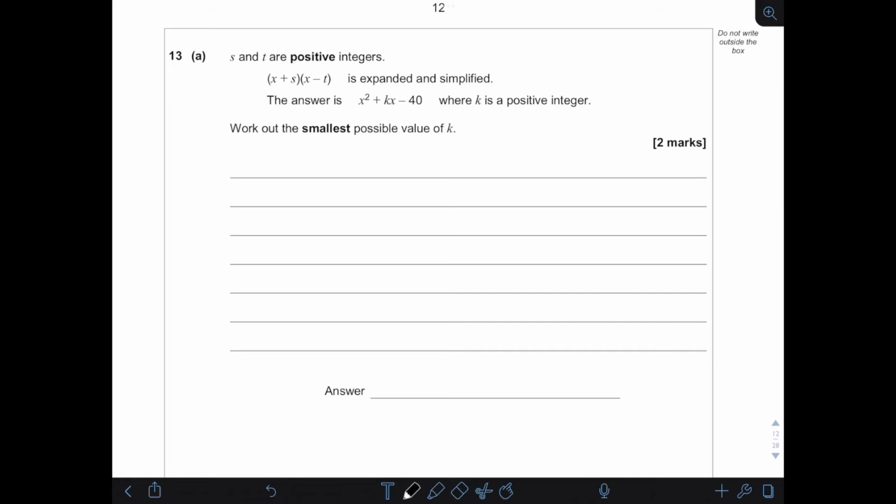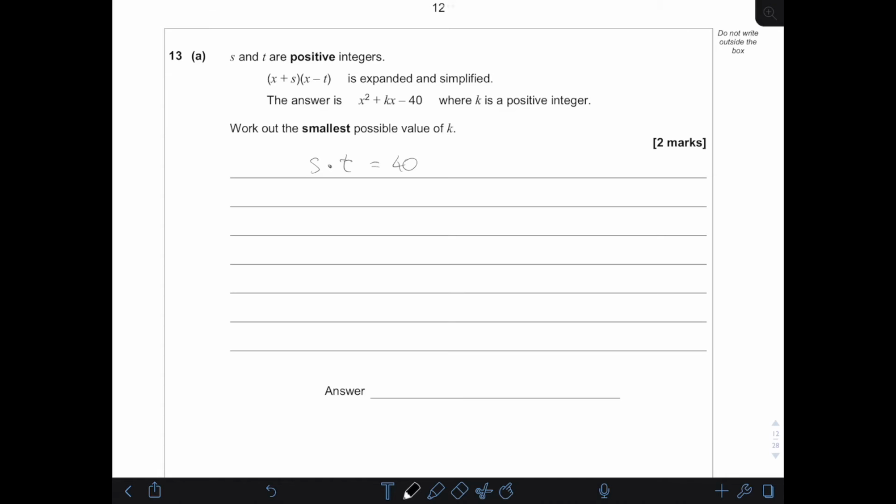s and t are positive integers, and you can expand the bracket to get x squared plus kx minus 40. So you want to find the smallest possible value of k. In this case, we know that s and t have to multiply to 40. So s times t equals 40.